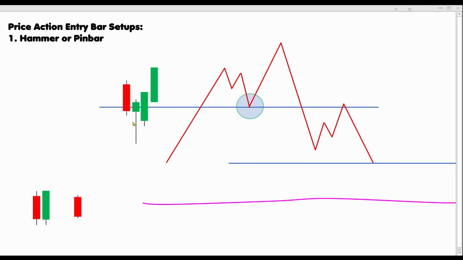It has its advantages, but there are also some things against this, because you might not get filled using the limit order.